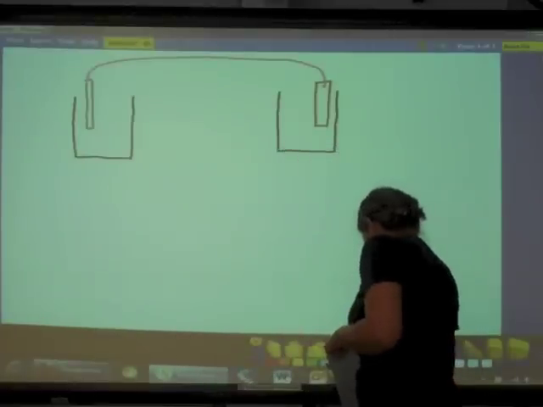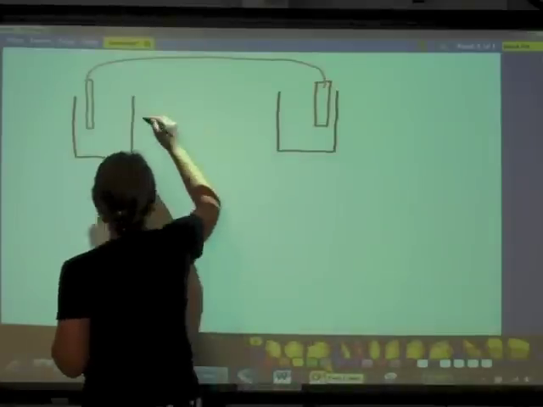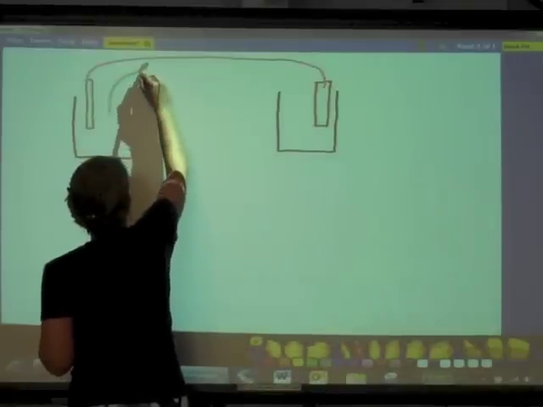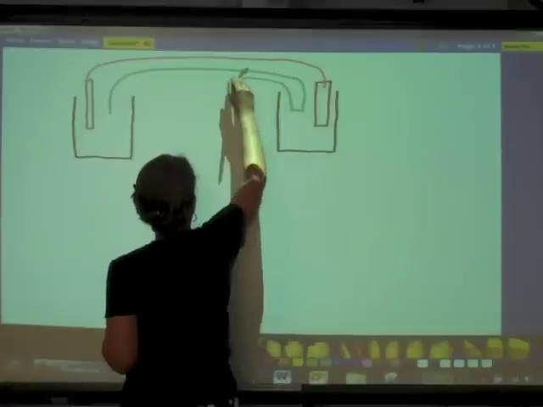We also have here this thing, which is a salt bridge. I didn't need to make these things so far apart.